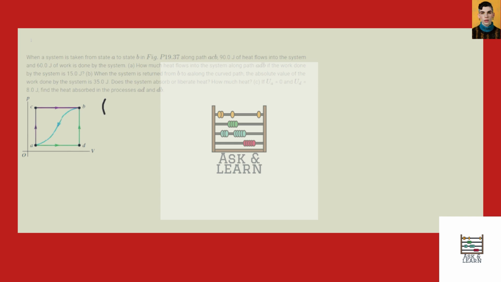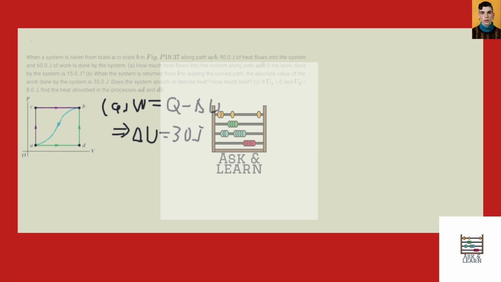According to the first thermal law, W equals Q minus delta U. W is 60 joules and Q is 90 joules, so we obtain delta U equal to Q minus W, which is 30 joules. This delta U is the change in internal energy from A to B.